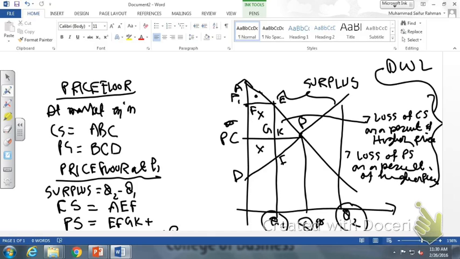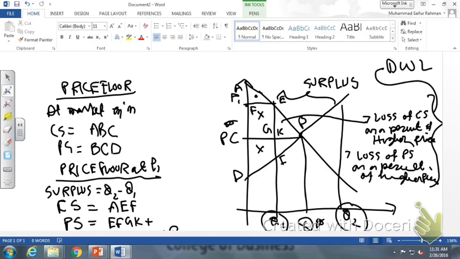So the main source of economic inefficiency is coming from these two triangles. The triangles that indicate the sum of producer surplus loss and the consumer surplus loss as a result of the high price that people are paying in this market. So let us summarize. We just looked at an example of government price floor where the price floor is set above the market equilibrium price and have caused our consumers to pay a higher price, have caused our producers to sell less.